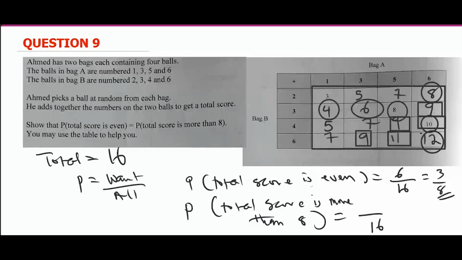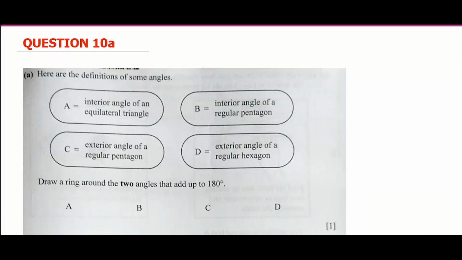I have another one here, that is 12. So if you count the rectangles, 1, 2, 3, 4, 5, 6, we also have 6 out of 16, and that will be 3 out of 8. Okay, you can see that they are equal. So it is true that the probability that the total score is even is equal to the probability that the total score is more than 8. So they are equal. So let's go to the next question.